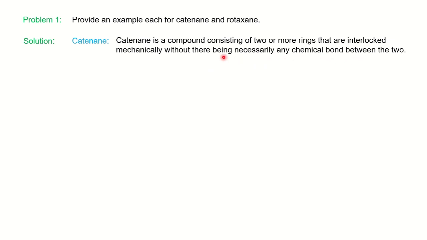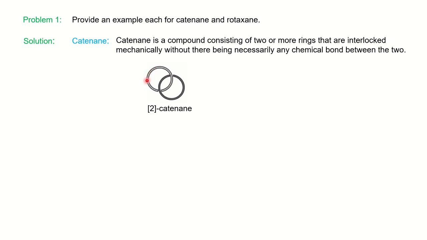As you can see, there are two or more rings which are interlocked, but not chemically, it is mechanical. Mechanically means there is no chemical bond between the two rings. First we will see a general example. There are two rings here and both are interlocked.